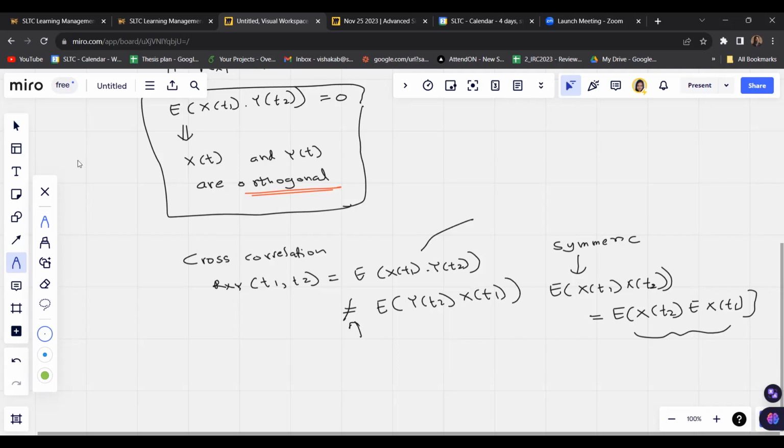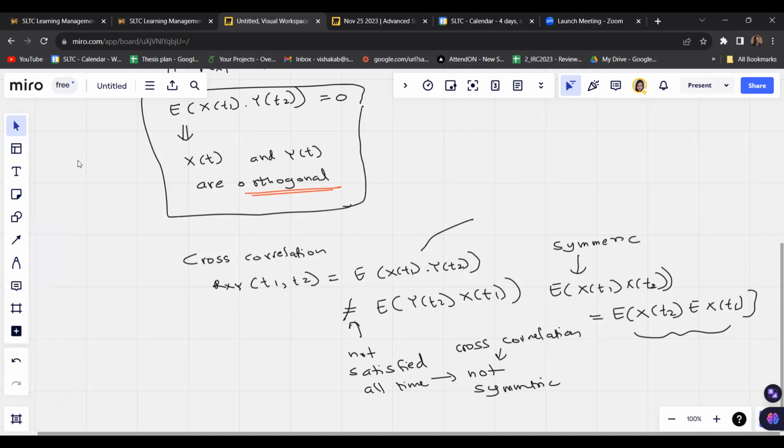Not equal all the time. So not satisfied all the time, which means that the cross correlation function is not symmetric all the time. There could be instances where it is symmetric, but there are some instances where the cross correlation function is not symmetric. So with regard to the symmetry, that is about it.